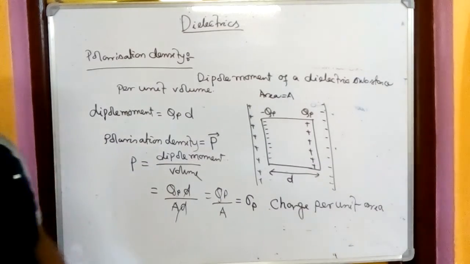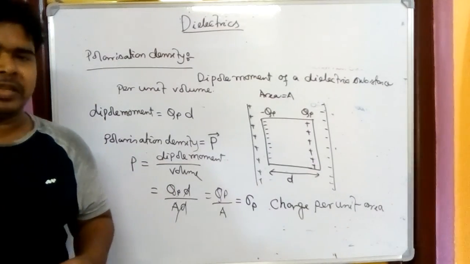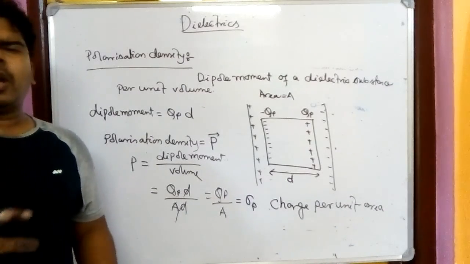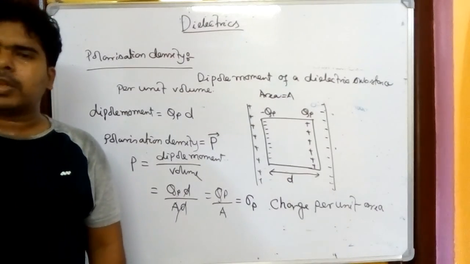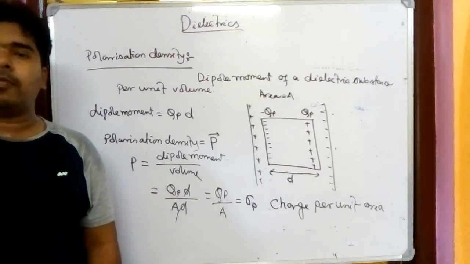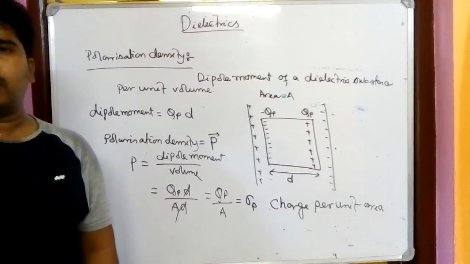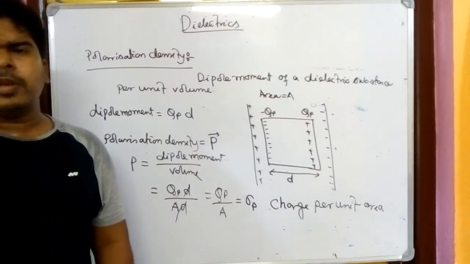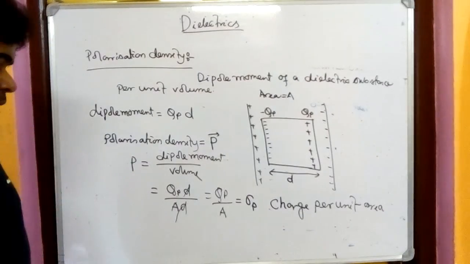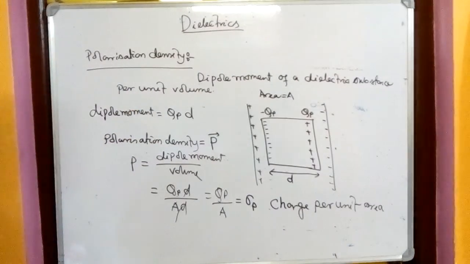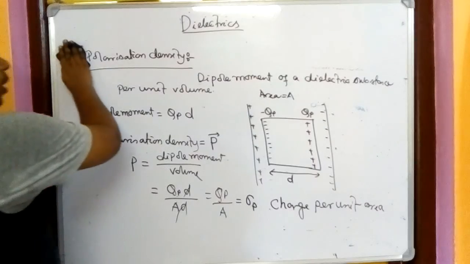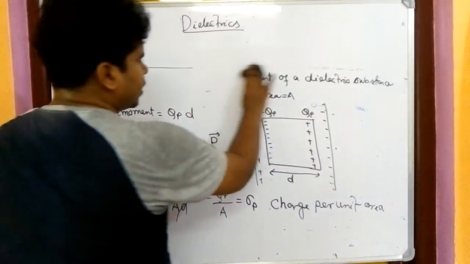There is more physical significance of dielectric susceptibility, but I will not discuss that here. It will be discussed in the next chapter when we learn magnetic substances. There the susceptibility part will be discussed more, but now you have to learn it is one property of the dielectric substance.